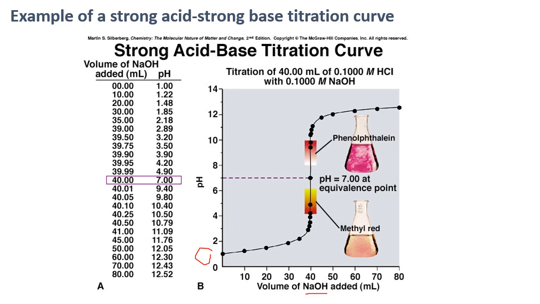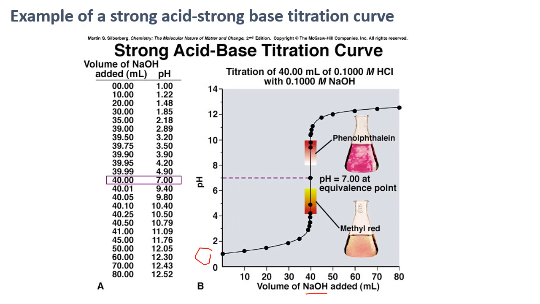As we add sodium hydroxide, we see an increase in the pH until we get to the equivalence point. There's a sharp change in the pH at the equivalence point, and then the pH increases slowly again and levels off.